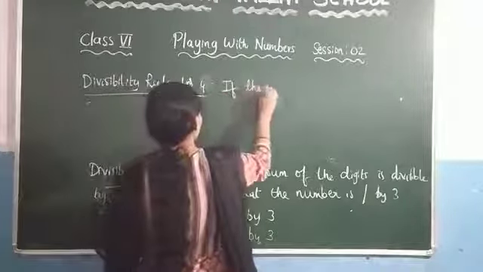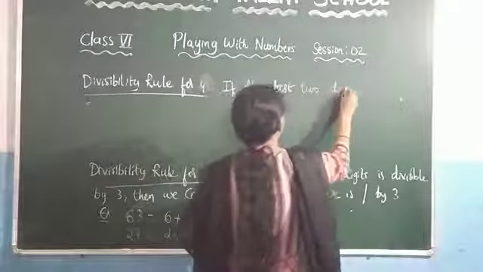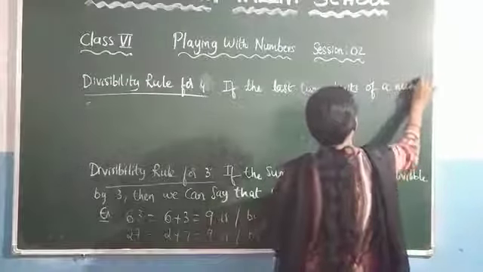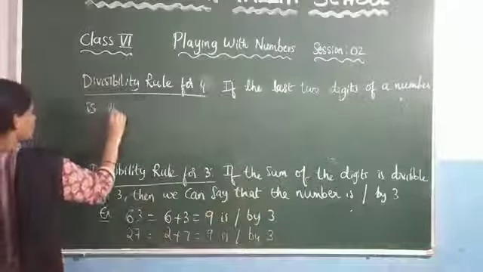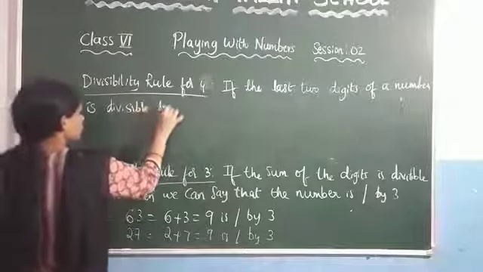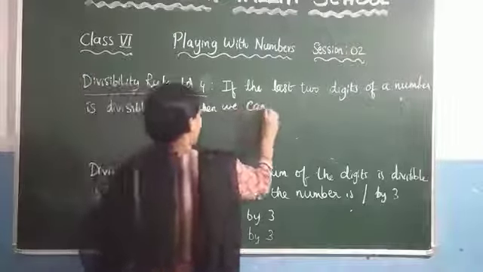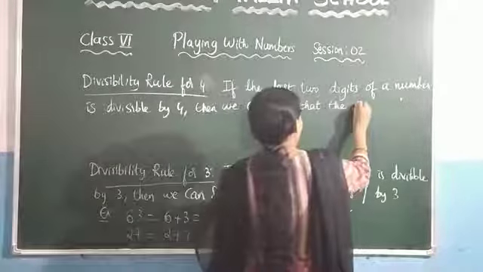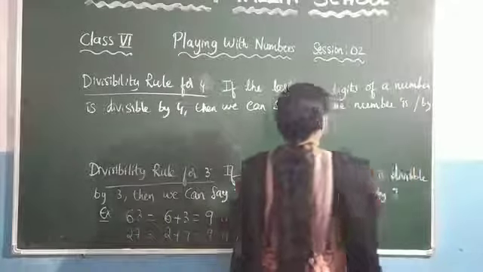If the last 2 digits of the number is divisible by 4, then we can say that the number is divisible by 4.